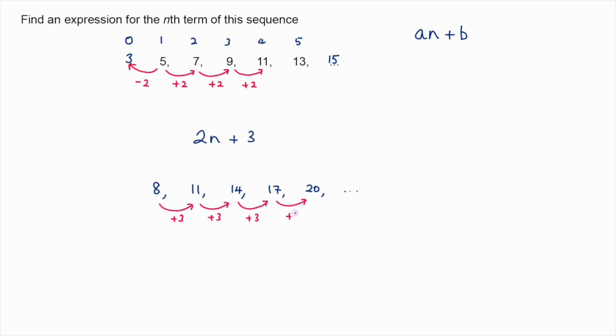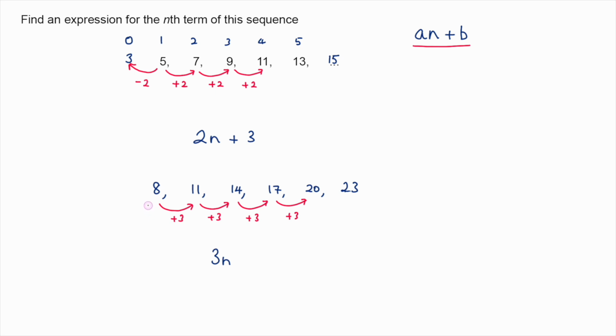And because this common difference is the same, we know it's a linear sequence. And again, it follows this rule here. We could be asked to find the next term in the sequence. That would be 23. And to find the rule, we know it's the common difference, so 3n.